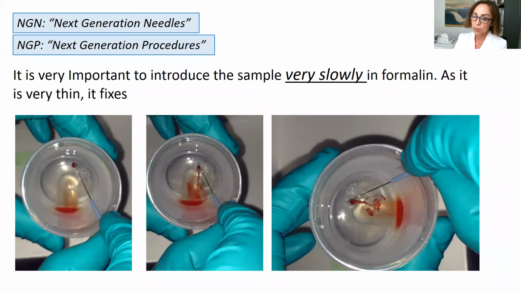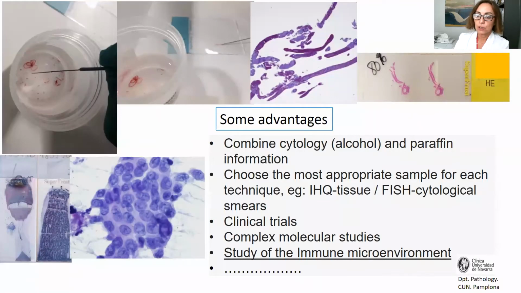And in that way, we can preserve the architecture. So of course, every technique has advantages and disadvantages, and these techniques rely mainly on the skills and experience of the doctor who performs the procedures, so the endoscopist or the bronchoscopist.